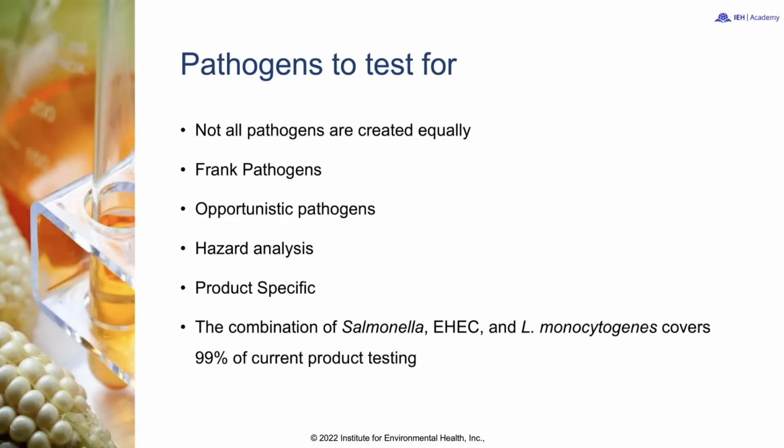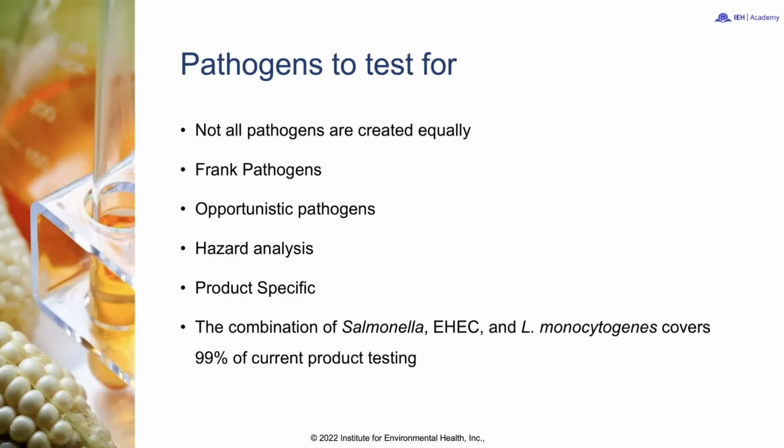This is an organism like Salmonella or E. coli O157:H7 that typically causes illness when consumed at a fairly low dose level. And even in healthy adults, if you consume this pathogen, it's likely to lead to illness. So these things are almost always pathogenic to humans when consumed.